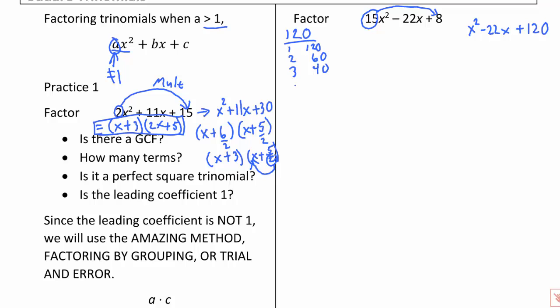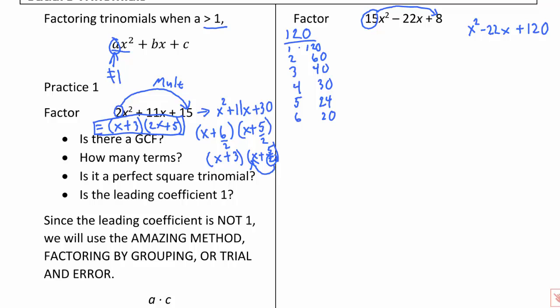That's not it either. 4 and 30. That's not it. 5 and 24. 6 works. 6 and 20.